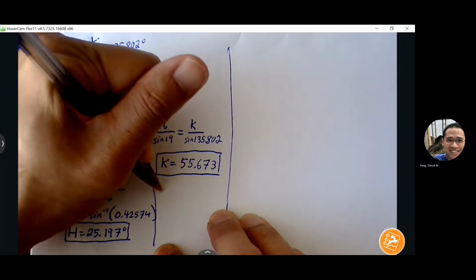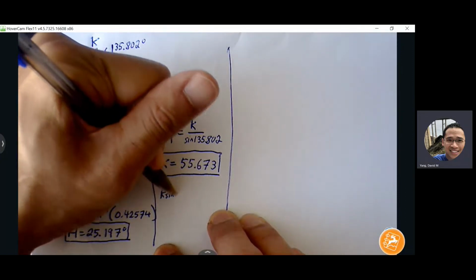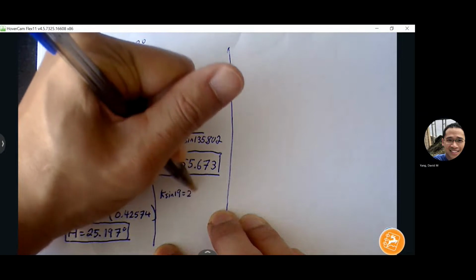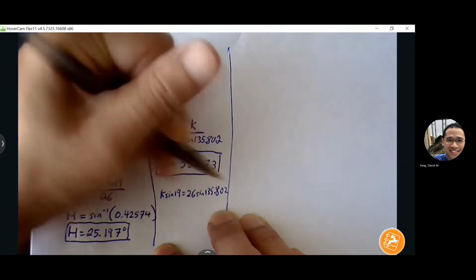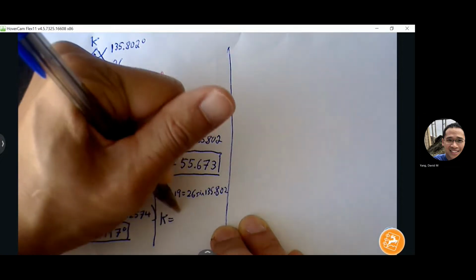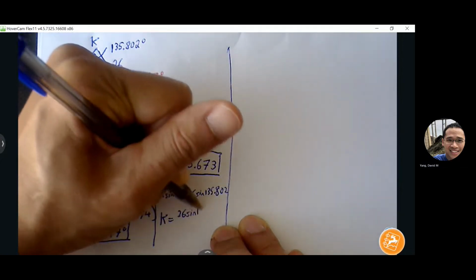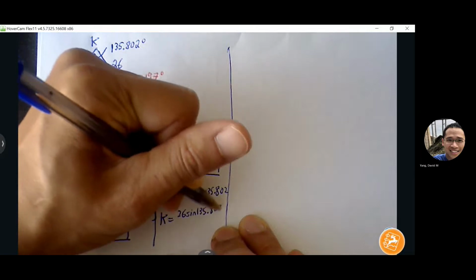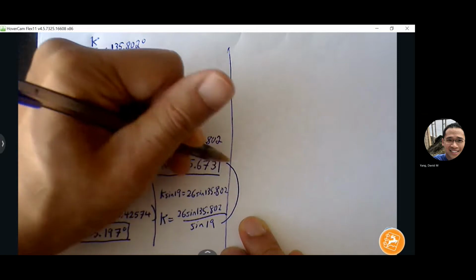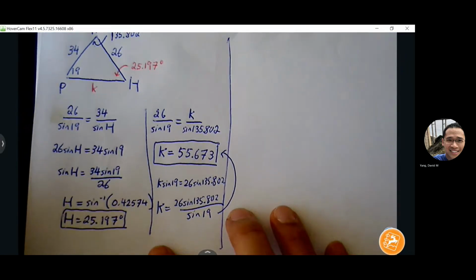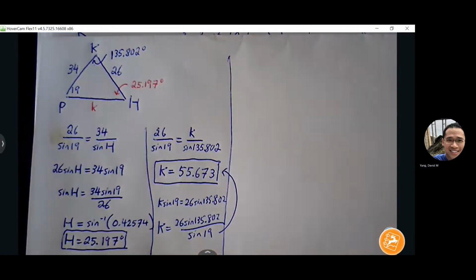So K sine 19 equals 6. Okay, are we good with triangle 1?